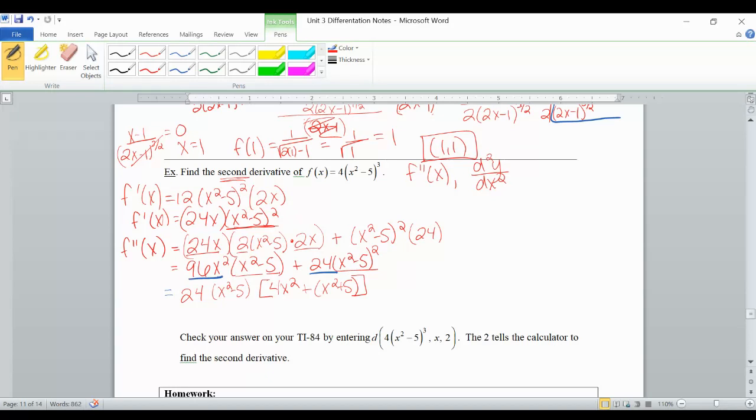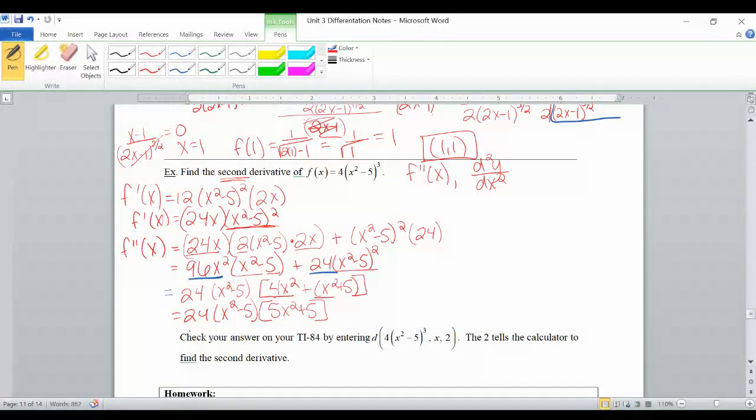I don't think I can factor out anything actually, but I can combine these because those are both x squared. So I've got 24(x squared minus 5) times these two combined, 4x squared plus x squared is 5x squared plus 5, like that.